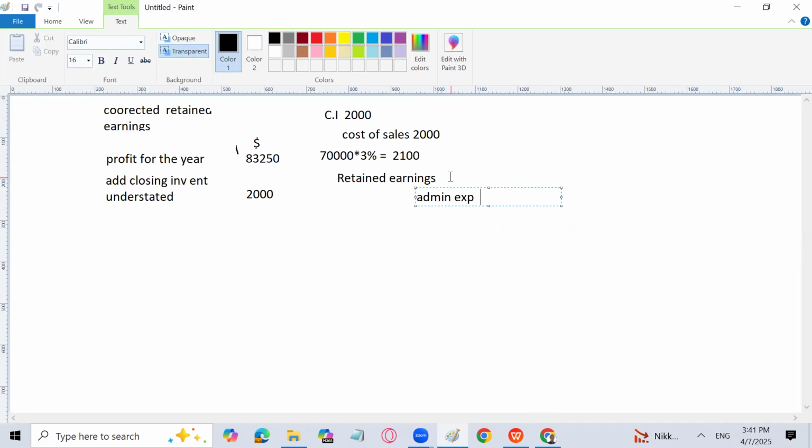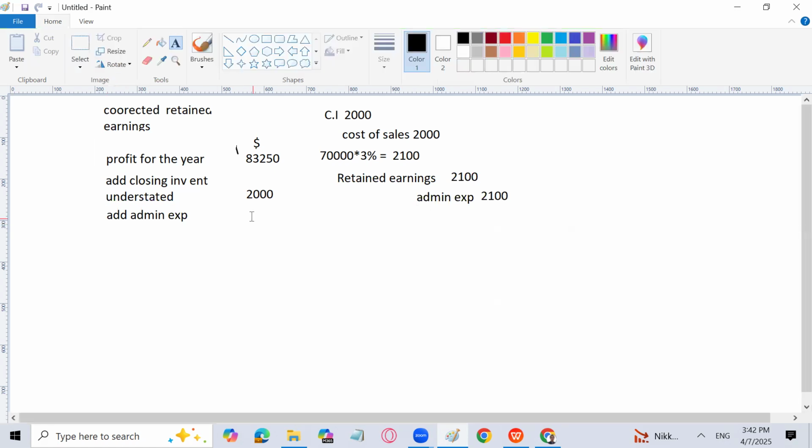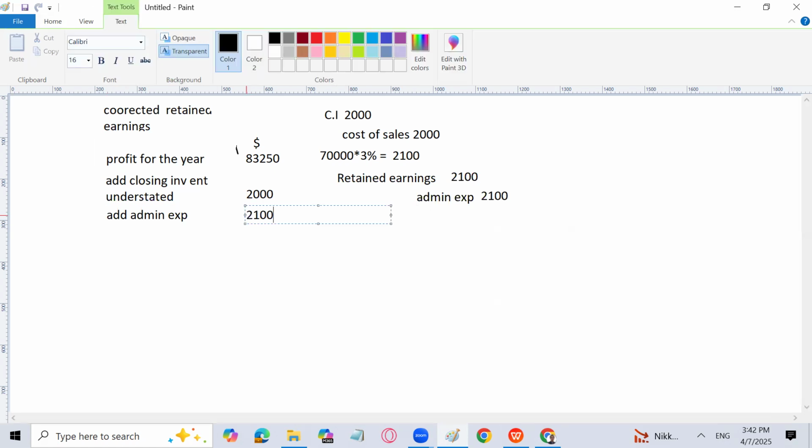Since expenses are decreasing, we add admin expenses, 2,100. Okay, now let's move forward.